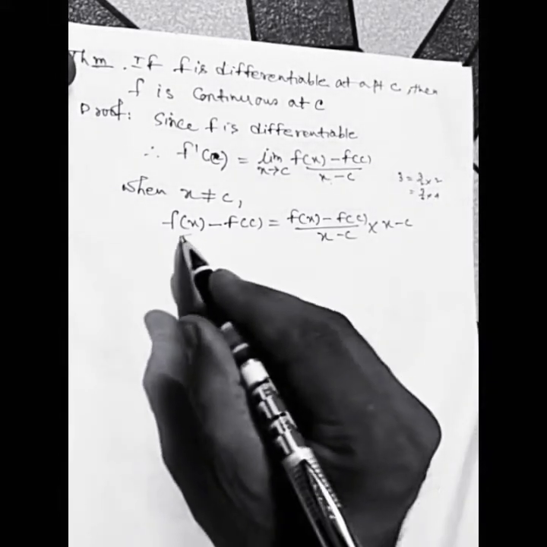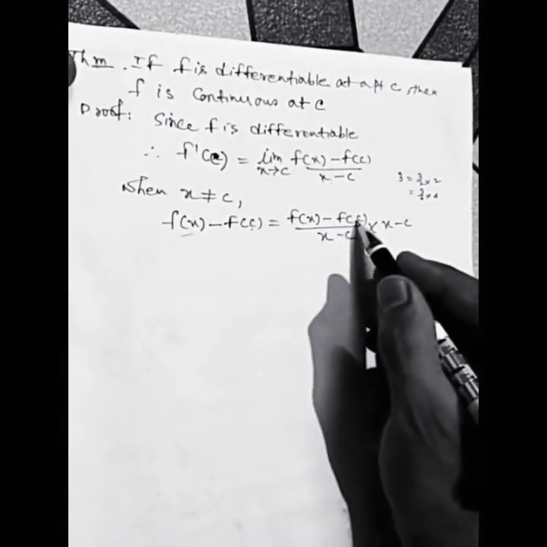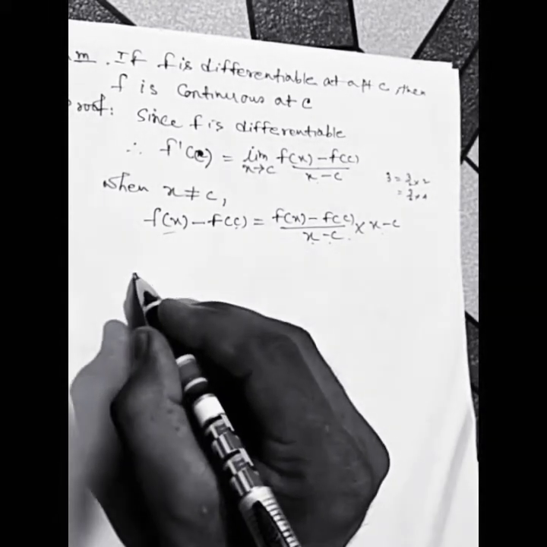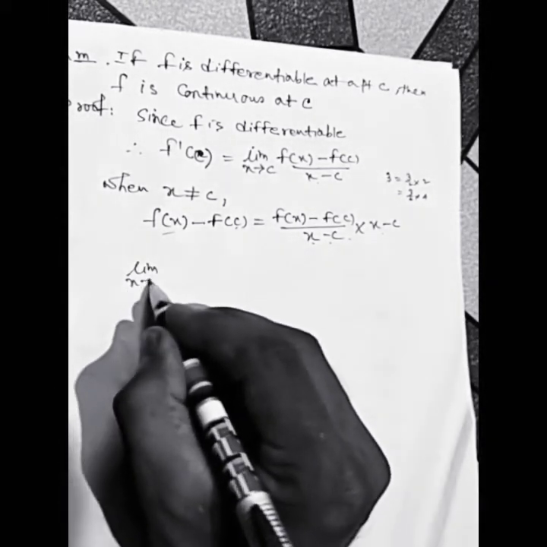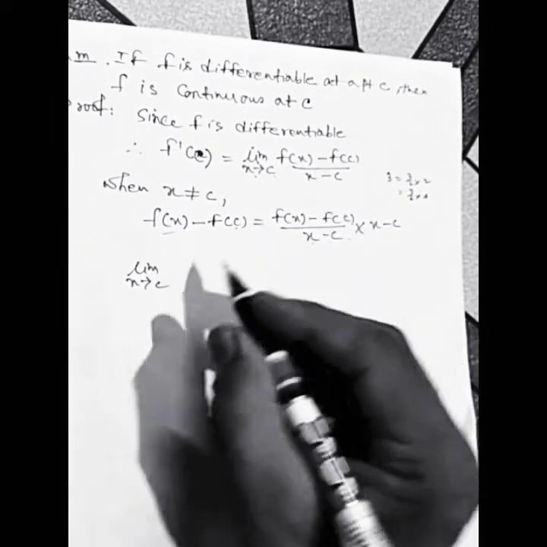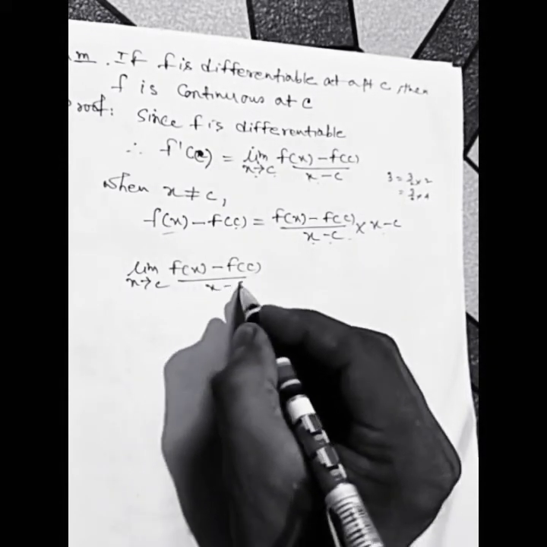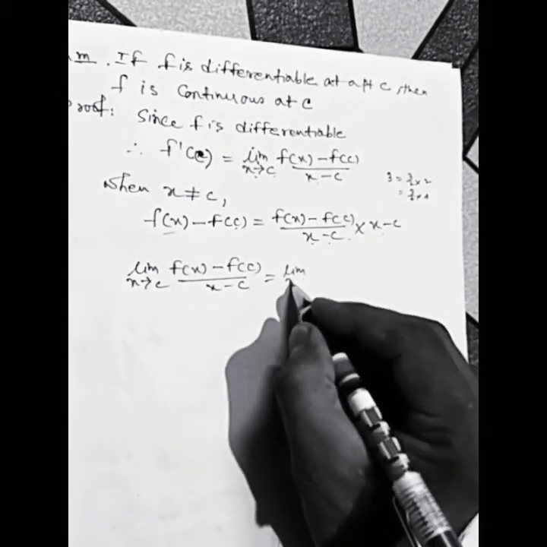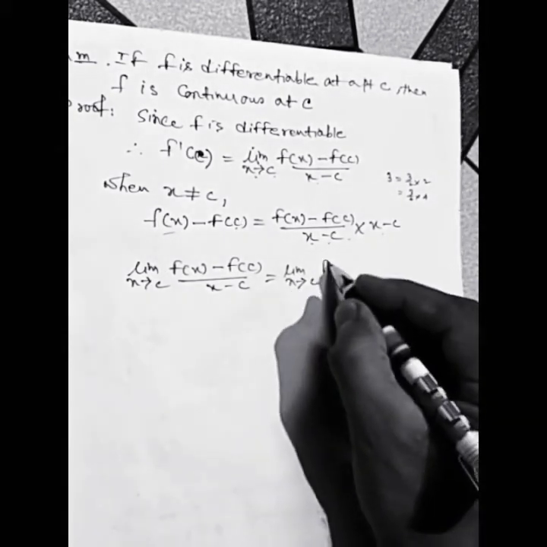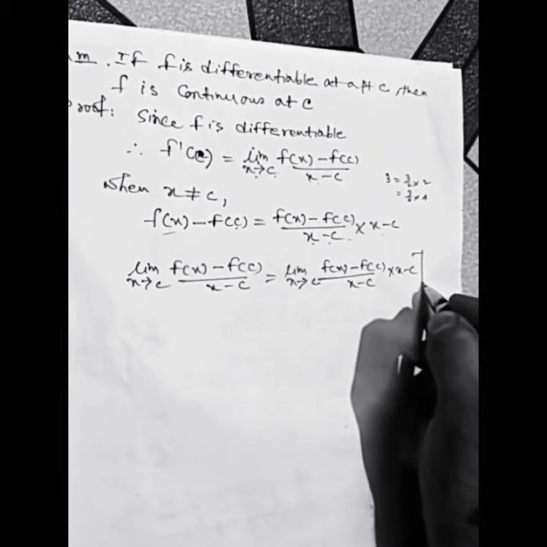If I multiply and divide by the same term, I get the previous term only. Now taking the limit on both sides, limit x tends to c.